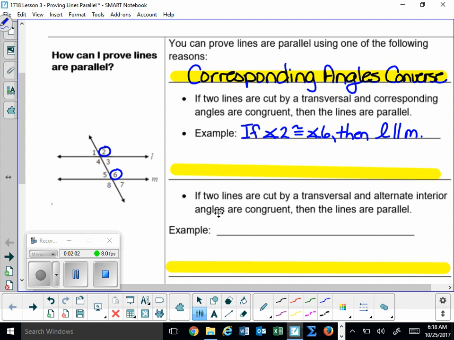All right, another way to prove these lines parallel. If two lines are cut by a transversal and alternate interior angles are congruent, then the lines are parallel. This is the alternate interior angles converse.